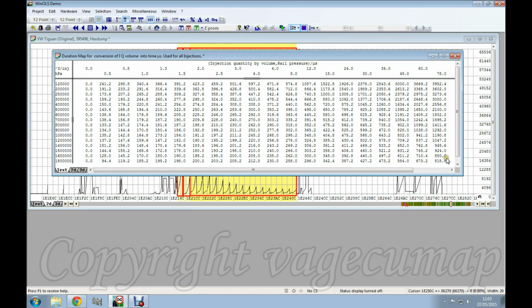And if we look at it, instead of going from left to right, if we look at it from top to bottom, we can see that here we've got less rail pressure and here we've got more rail pressure. So obviously as the rail pressure gets higher and higher, we can inject the same amount of fuel, i.e. 78, but we can have the injector open for less time.